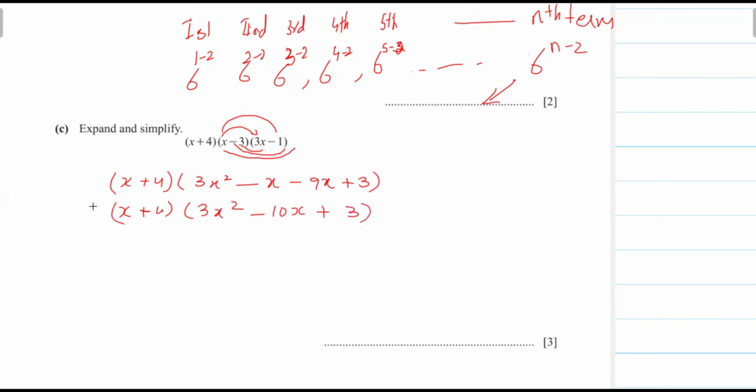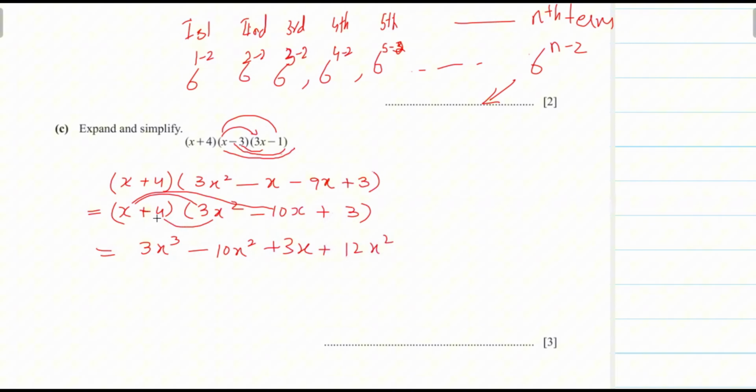Next, we will expand these two expressions. Firstly, we multiply x to 3x squared, we get 3x cubed. Next, x to minus 10x, we get minus 10x squared. And then x multiplied by 3, we get plus 3x. Next, if we multiply 4 to 3x squared, we get 12x squared.